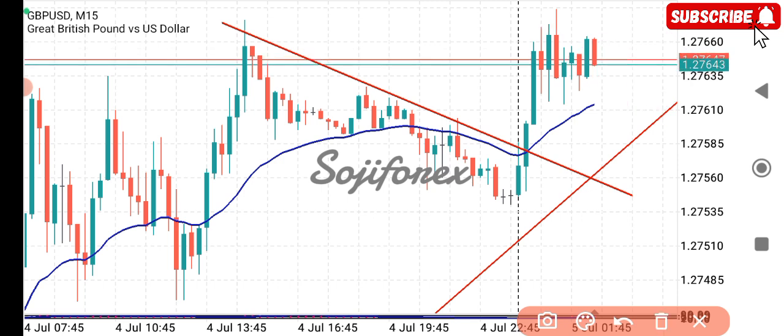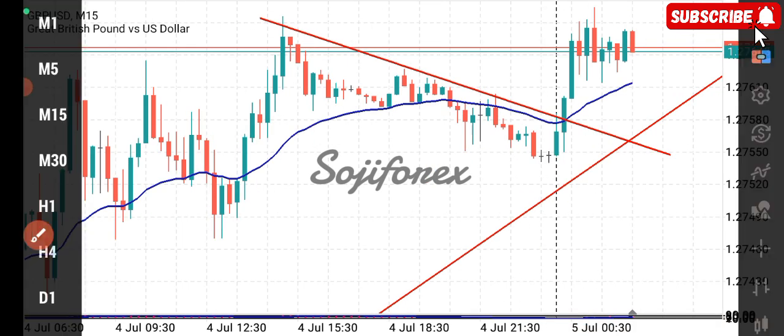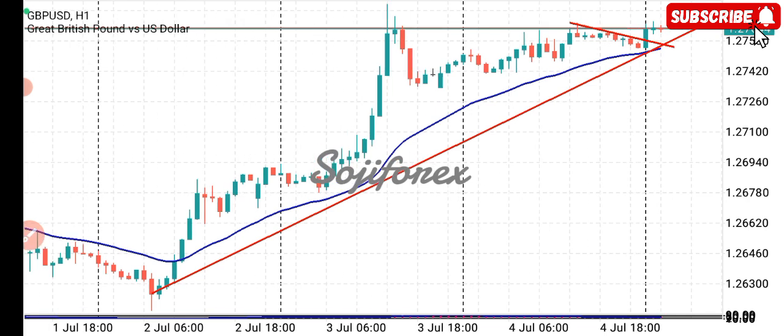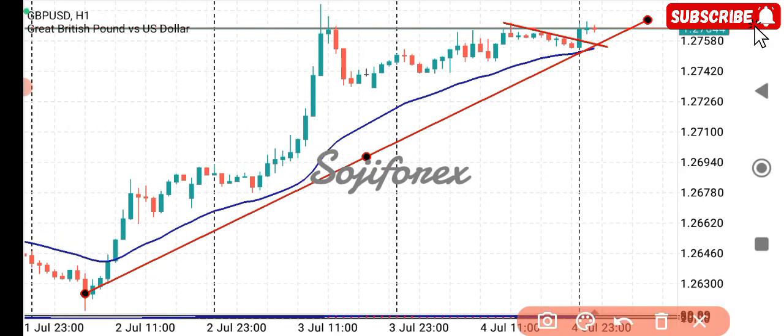My decision will always change if price on the 1 hour time frame, if only this price break my trend line to the downside, or price close below my moving average in the future, then I'll be looking for opportunity to sell. So this is pretty much simple.